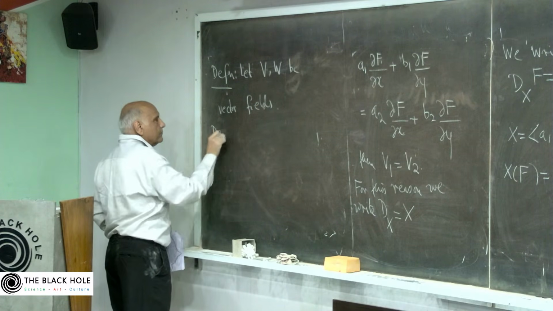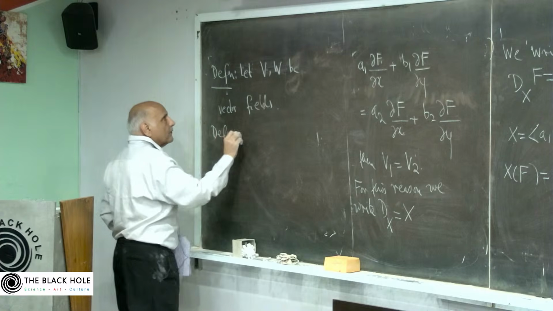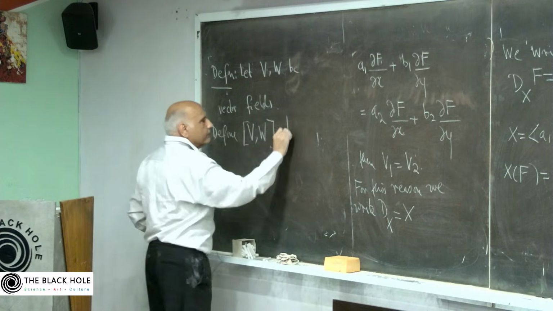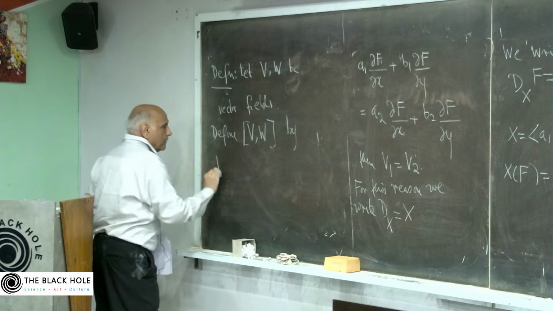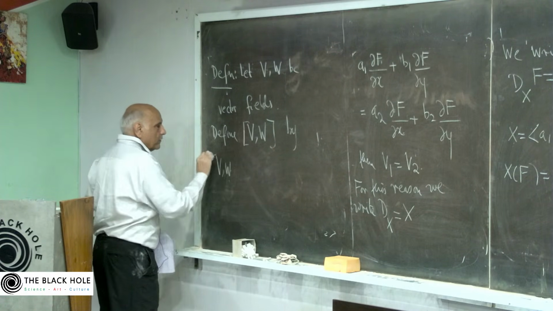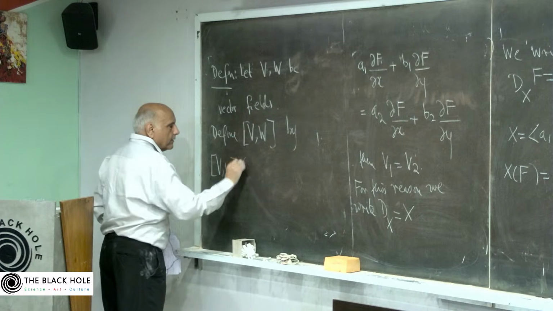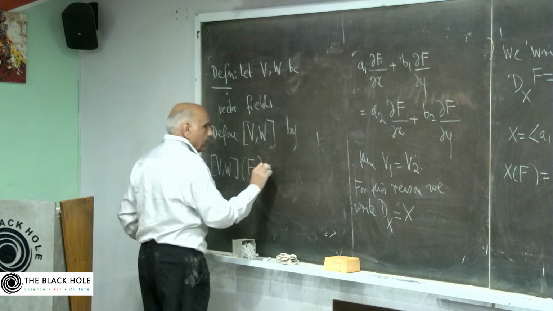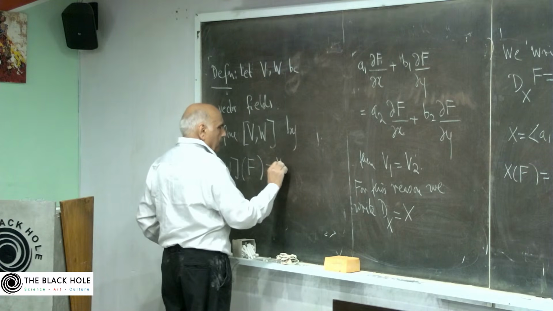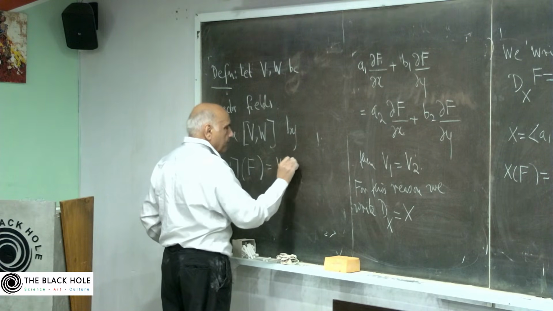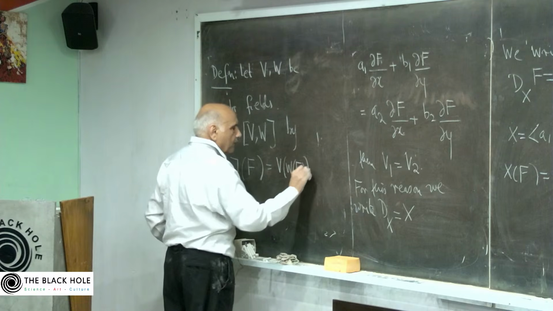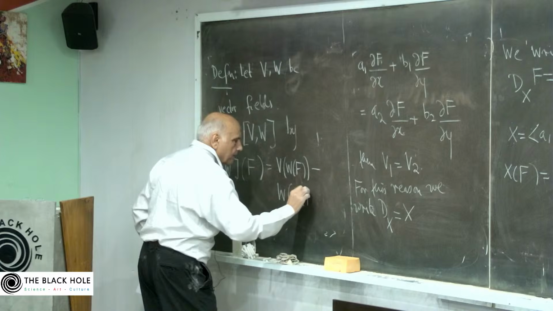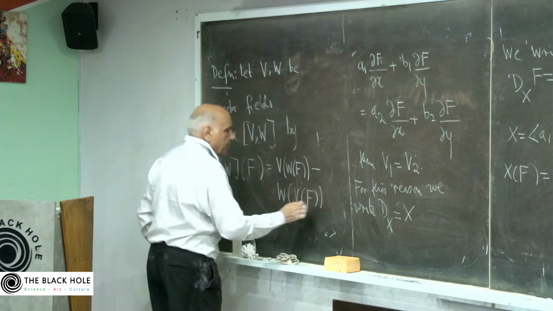Define the bracket V, W by V bracket W operating on a function f is V of W f minus W of V f. Okay.